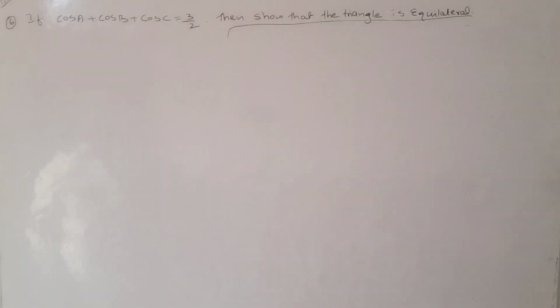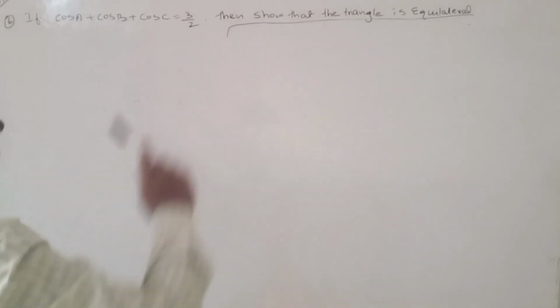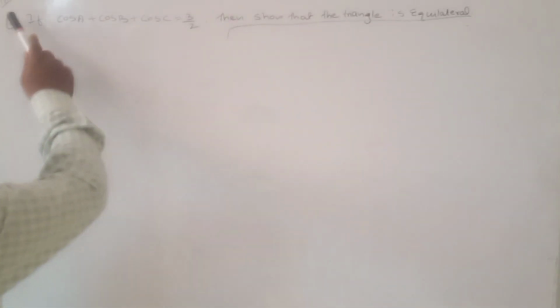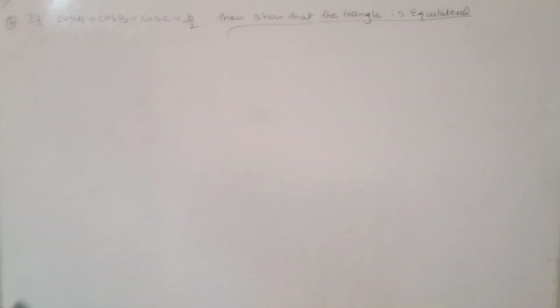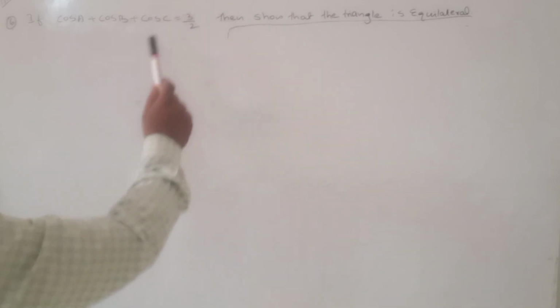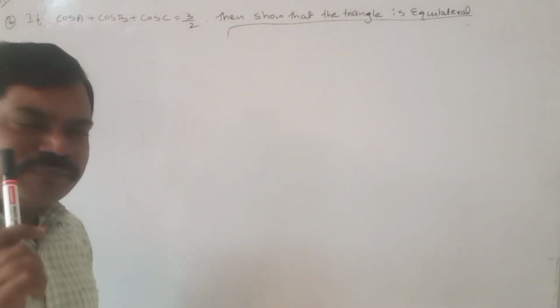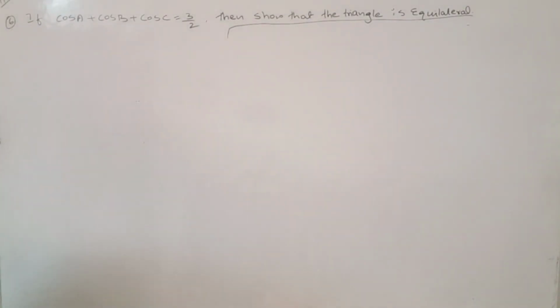Dear students, here is a long answer question from properties of triangles, third section, sixth problem. If cos A plus cos B plus cos C is equal to 3 by 2, then show that the triangle is equilateral. What is the problem?